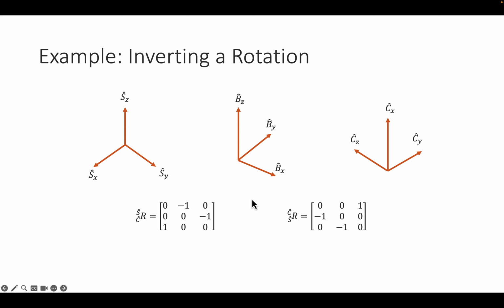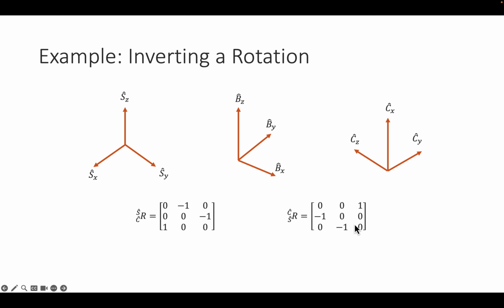The next thing we can do is we can go backwards and look what happens when we go not from C to S, but from S to C. And now I can do the same math. I look at the x-axis of S and project it onto the x-axis of C and so on.